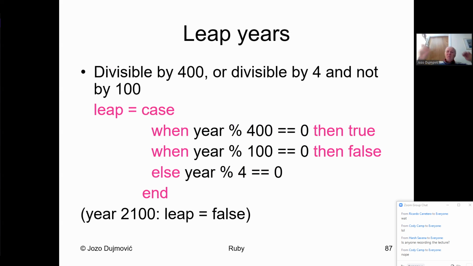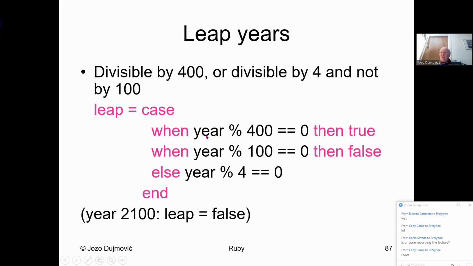Here is an example. Leap year is one that is divisible by 400, or is divisible by 4 and not by 100. So if it is divisible by 400, then it is a leap year. So you have leap is case. When year modulo 400 is 0, then return true. So that is the case of the leap year.